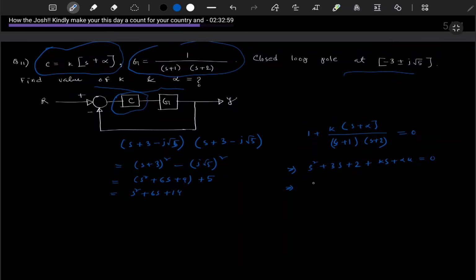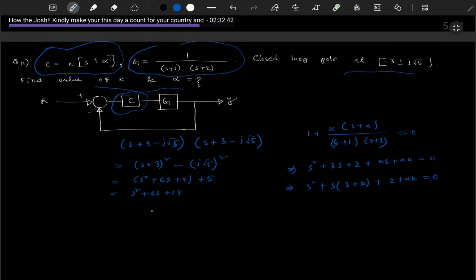So here s is common if we take, then s square plus (3 plus K)s plus 2 plus alpha K equal to 0.